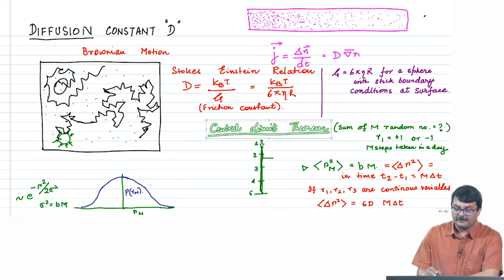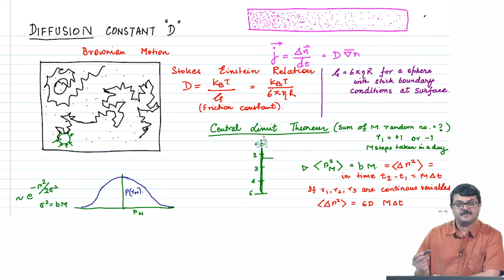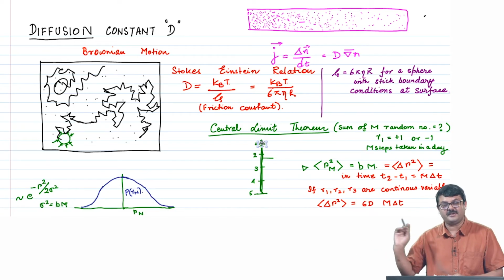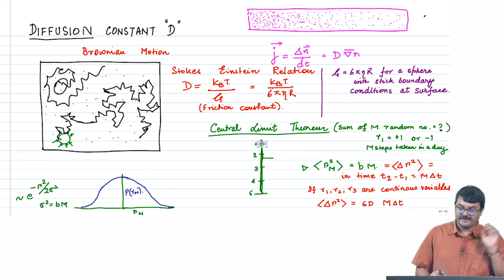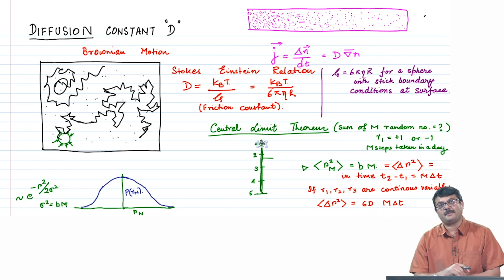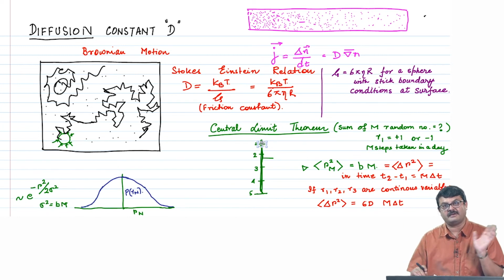Let us talk even about a simpler case. Suppose there is a man. This is typically called the drunken man random walk problem. Suppose on day 1 he starts from the bar and he is so drunk that he cannot decide whether to move a step to the left or to the right. So, he takes a step either to the left or to the right with equal probability.